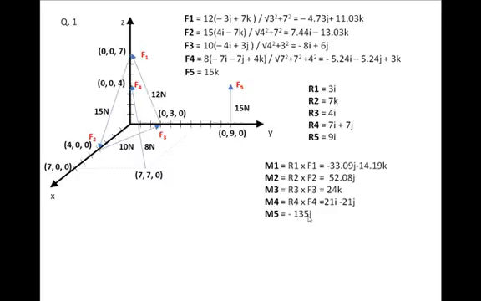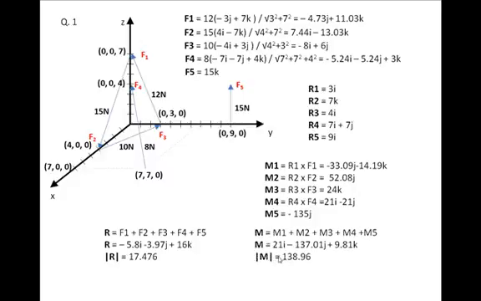That will be minus 135j. Now, taking the cross products, you get these vectors. And now the resultant force is simply the addition of all these vectors, and you can work out the magnitude if you wanted to, and the resultant moment is simply the addition of all the moment vectors, and we can work out its magnitude.